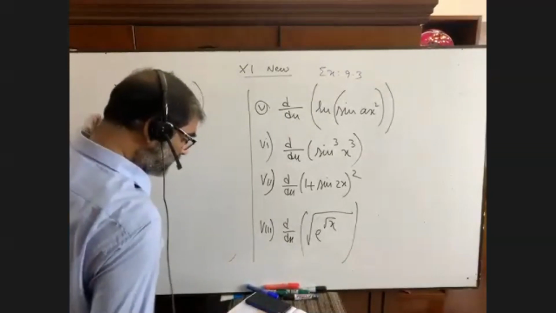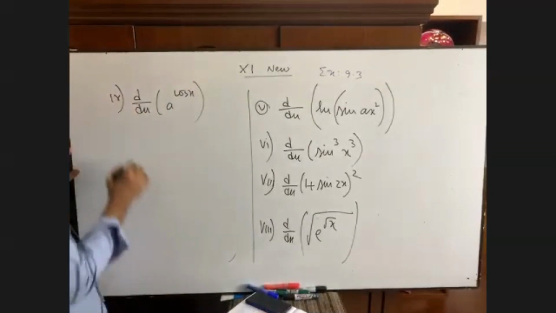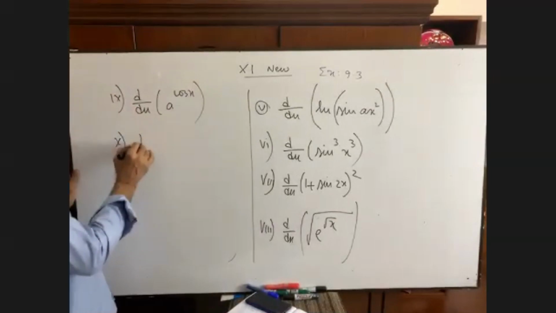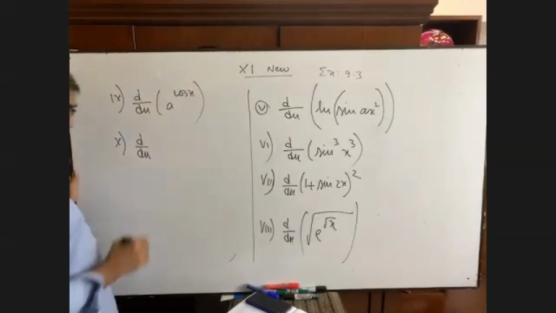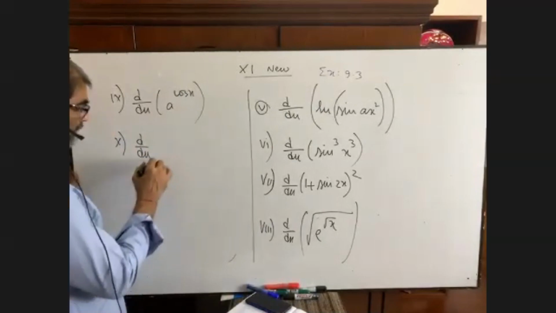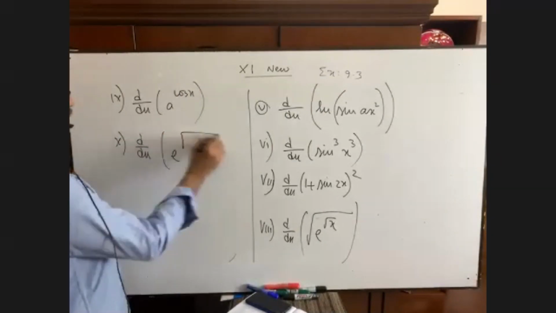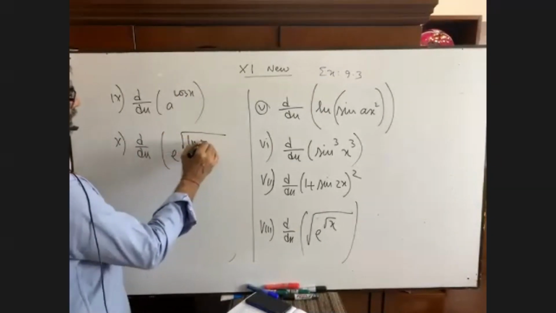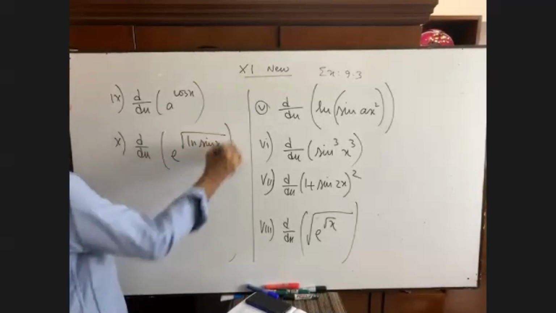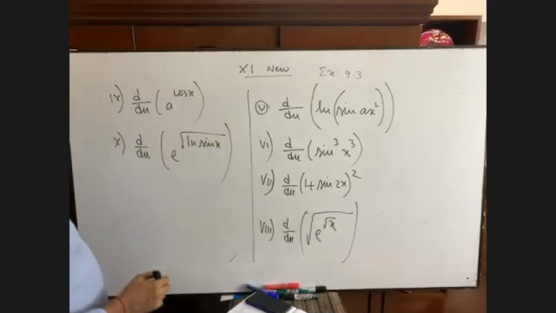Now number 10, ln sin x, d by dx of e to the power root over ln sin x. Okay, write down.